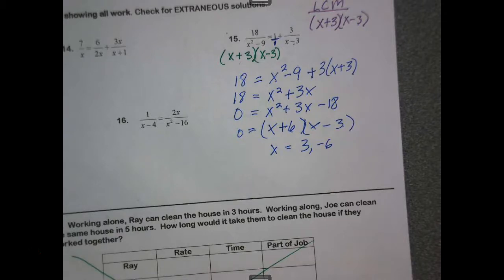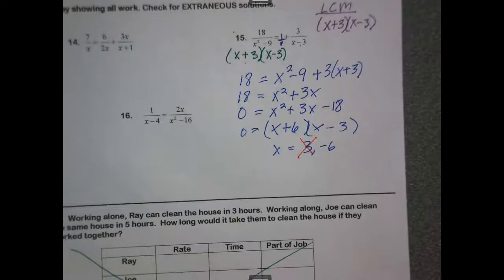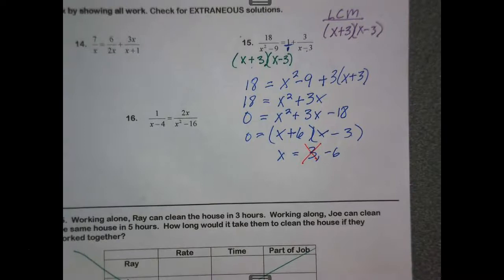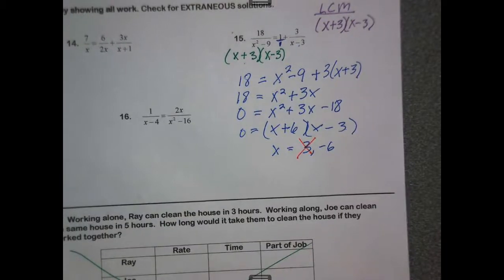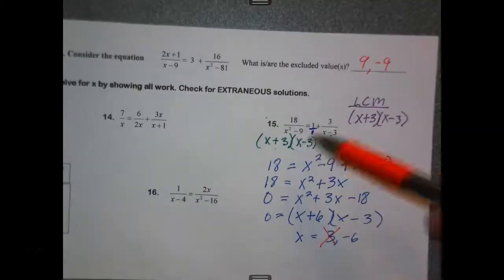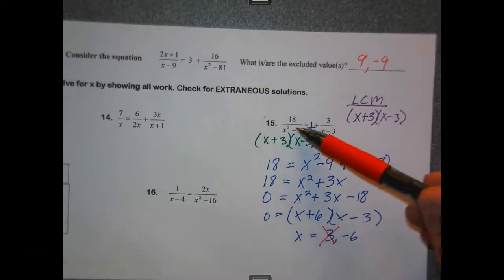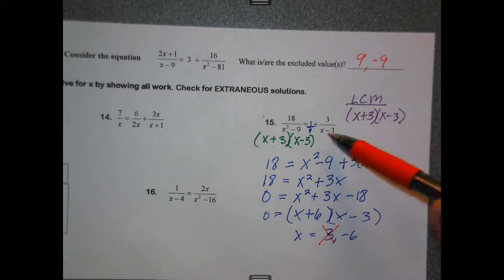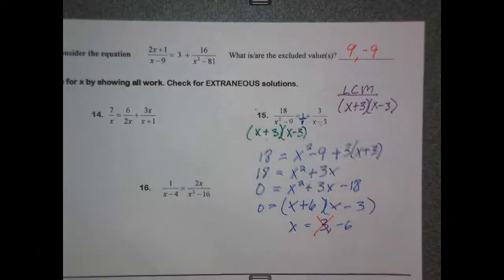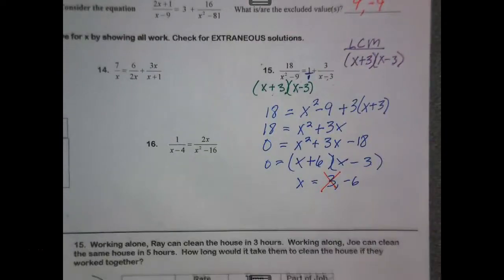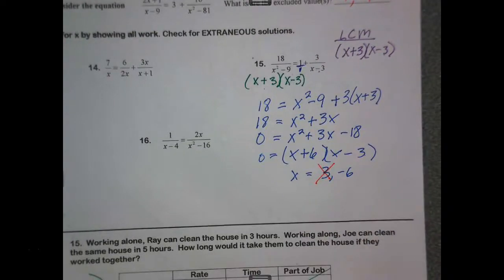Because it makes the denominator 0, right? So now, what do you call those? Excluded value. Negative 6. Because 3 squared is 9, 9 minus 9 is 0, 3 minus 3 is 0. So you're ending up with zeros in the denominator. Okay? All we have to do is really check negative 6.